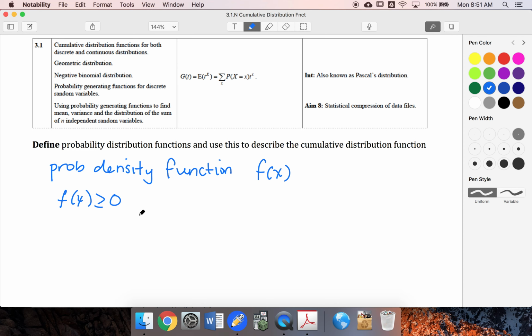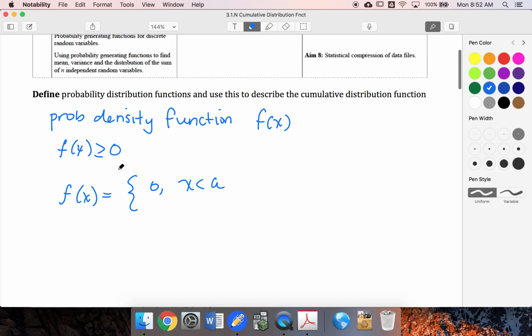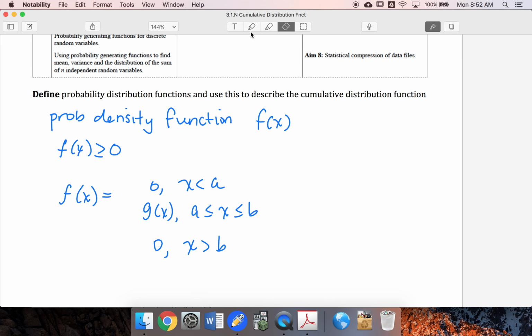And when I sketch it, I'm looking at going for all values of x, but at some point, typically I define my f of x to be 0 for some values of x less than a, let's say. And then maybe it's going to have some sort of function for x that's between a and b. And then it'll go back to being 0 for values greater than b. So it'll be a picture similar to something that I just showed.